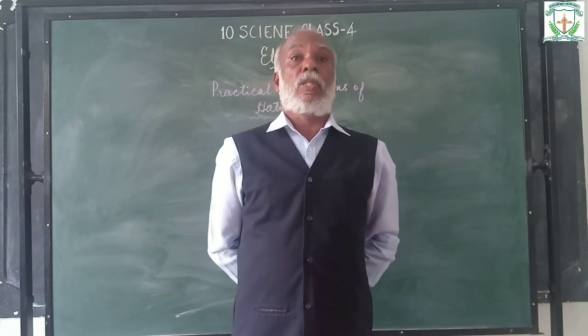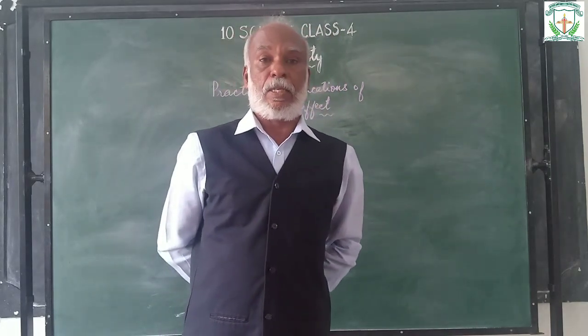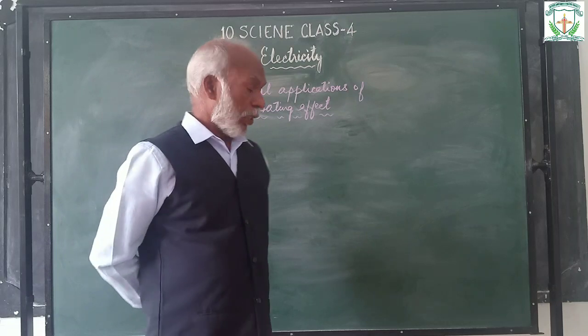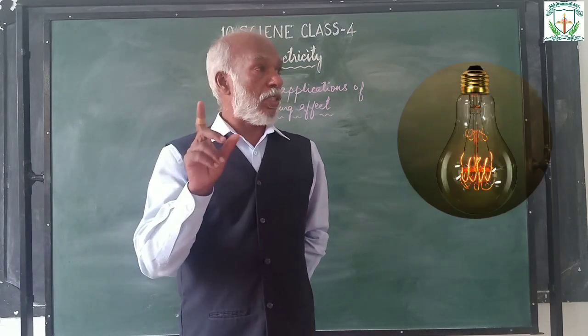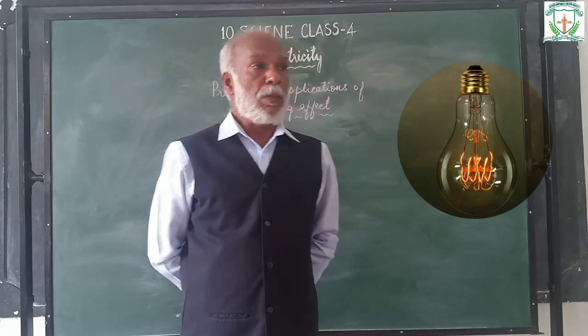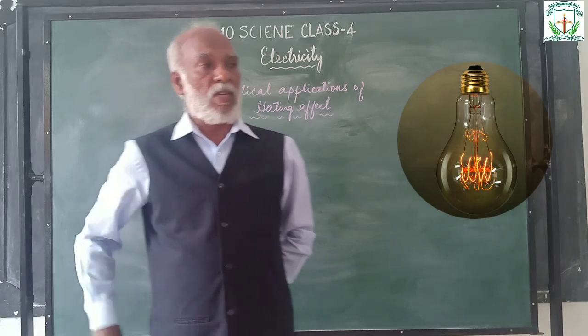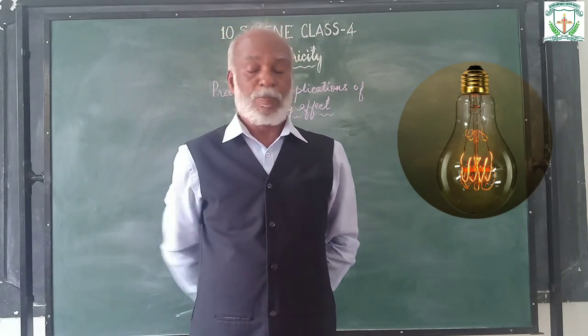Children, now let us study some of the practical applications of heating effect of electric current. First of all, let us consider incandescent bulb. If you examine the bulb, you can see a very thin coil filament inside the bulb.